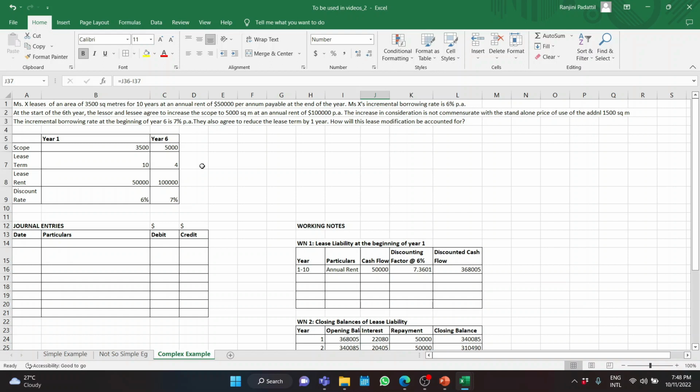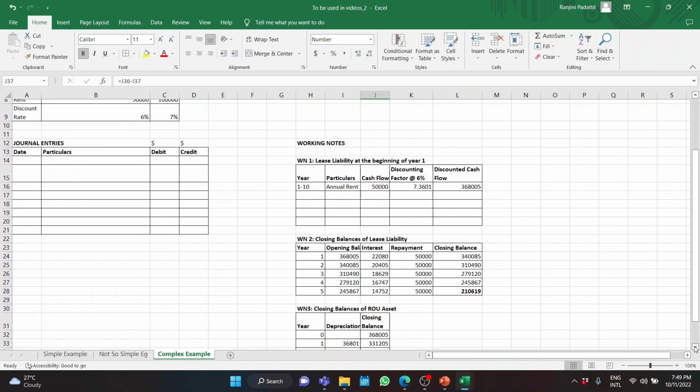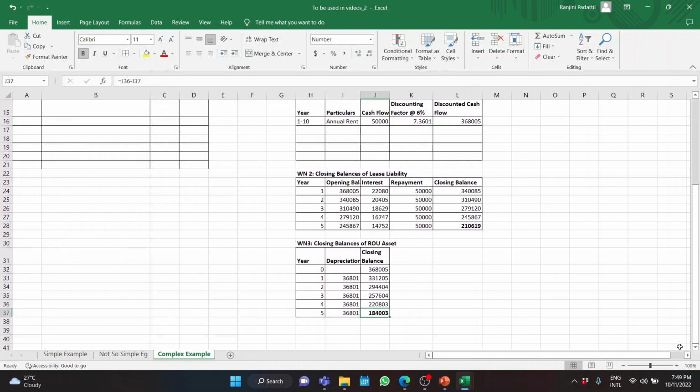You see there are multiple changes that are happening over here. We ignore all the other changes and look at what would the lease liability have been if only the lease term reduced. That will be our next working note, and that is revised lease liability attributed to decrease in scope.